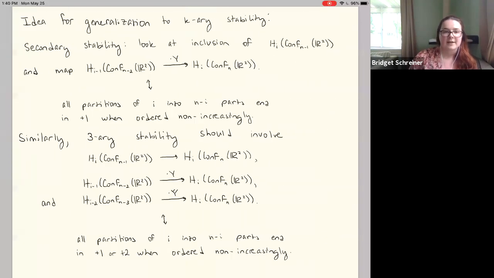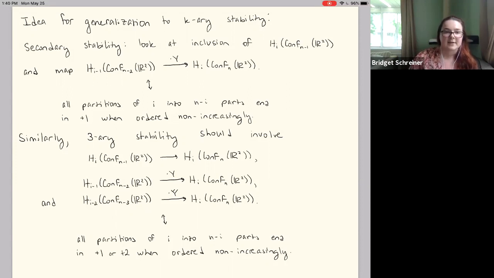So we think that tertiary stability should involve the two maps that we already have, and then a map from the I-2nd homology of configurations of n-3 points to the ith homology of configurations of n points, just by adding this tree with 2 internal vertices to a forest.